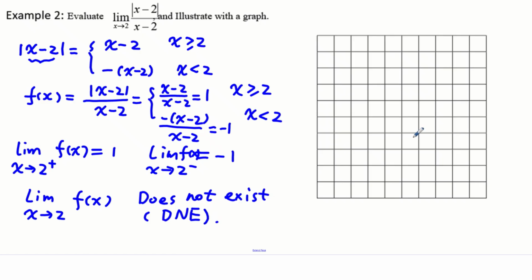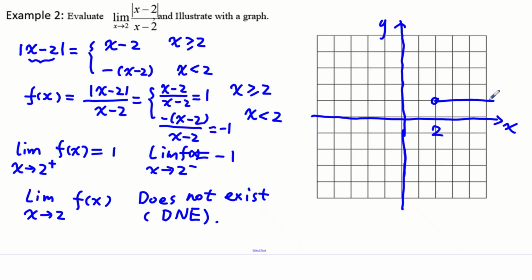And we are going to graph it, and you will see clearly what happens here. So we draw the xy axis here. Then at x equals 2, f of x will give you a straight line at the function value 1.